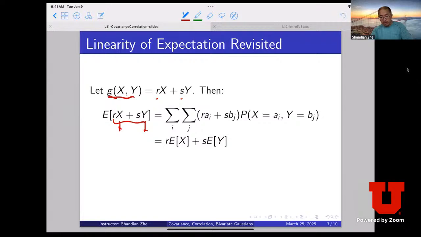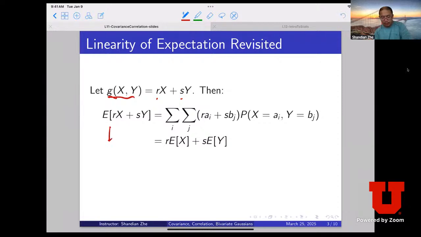This is called linearity. With the concept of the joint PDF and marginal PDF, we're able to show this property. We're not going to repeat the proof, but we just want to highlight the idea.